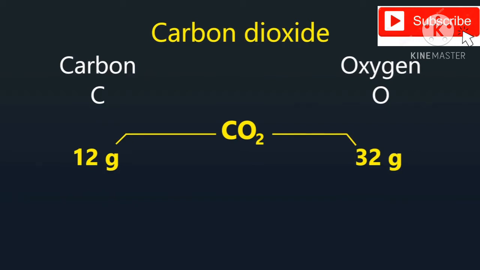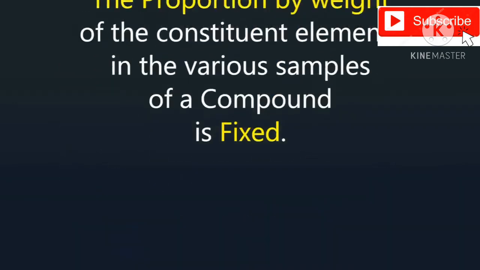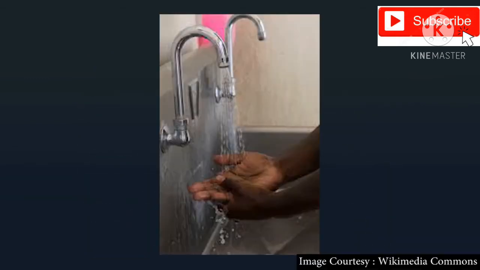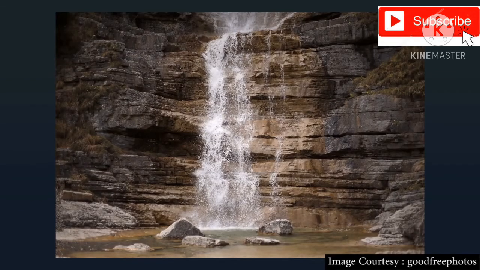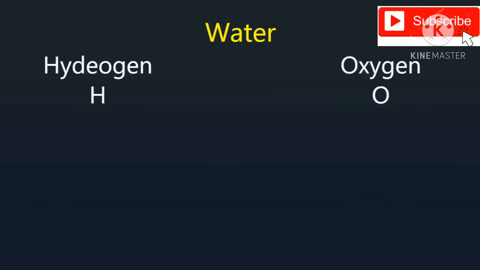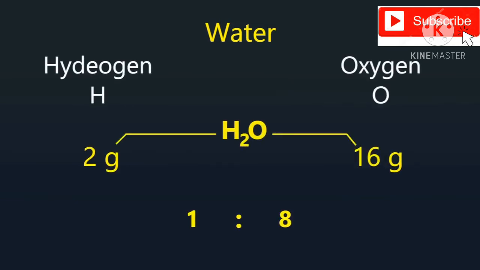We cannot take the two elements in any proportion we want. The proportion by weight of carbon to oxygen should be fixed, 3:8. The law states that the proportion by weight of constituent elements in various samples of a compound is fixed. Suppose we are getting water from different sources as a product of different reactants. Still, the proportion by weight of hydrogen and oxygen is 1:8.